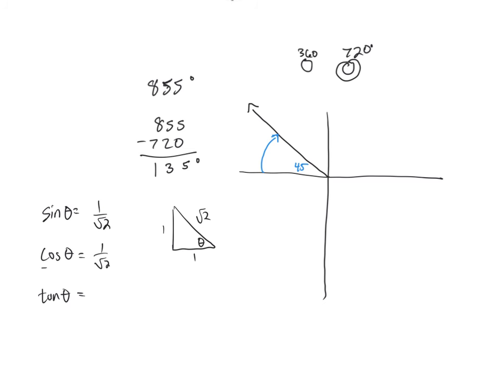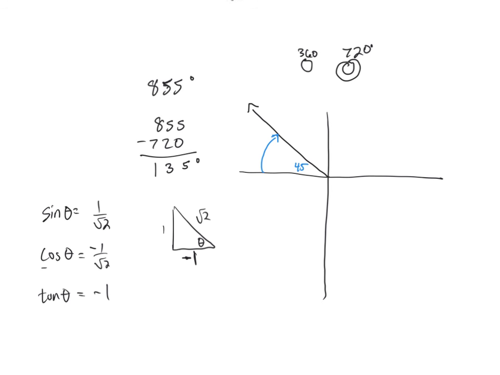My x value is negative. So my cosine is negative 1 over root 2. My tangent is 1 over negative 1, which is negative 1. We always have to be careful with our signs here, whether it's negative or positive.